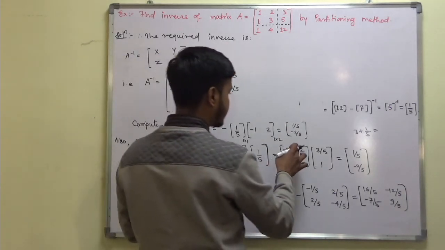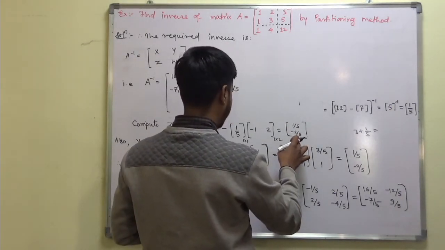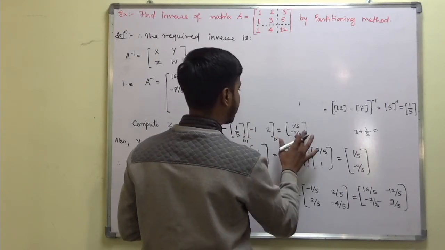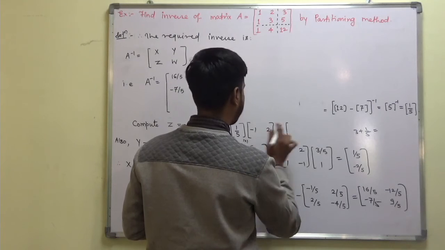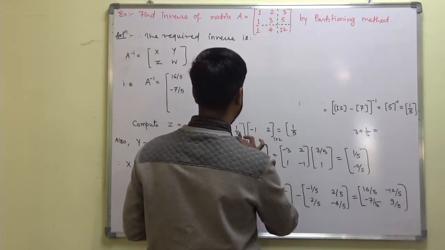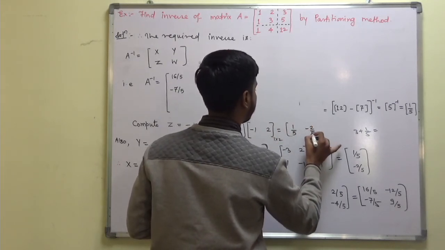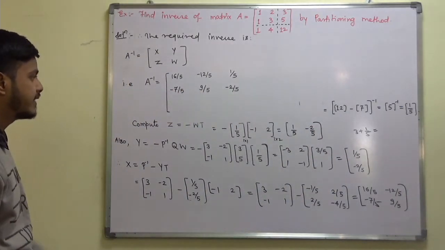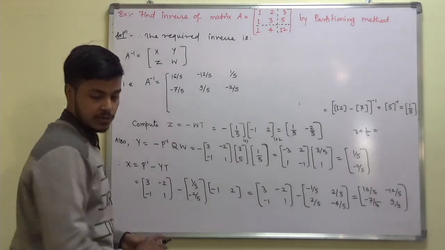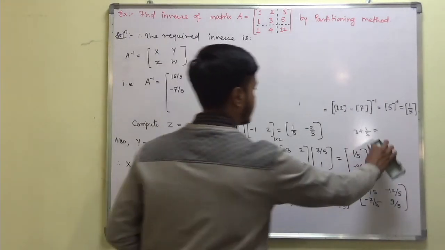Yeah, it's not correct. It should be, because this is just the multiplication, so this is 1 by 5 plus 1 by 5 and minus 2 by 5. Okay, that's z. We haven't used it anywhere, so it's correct.